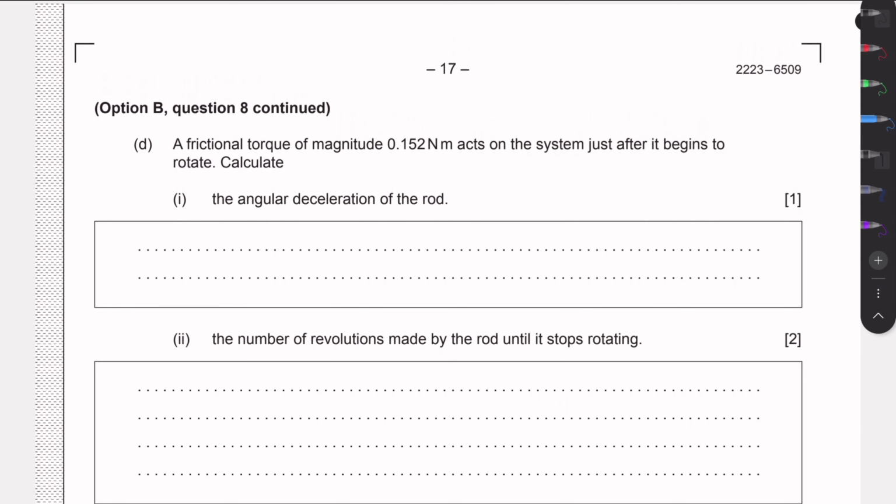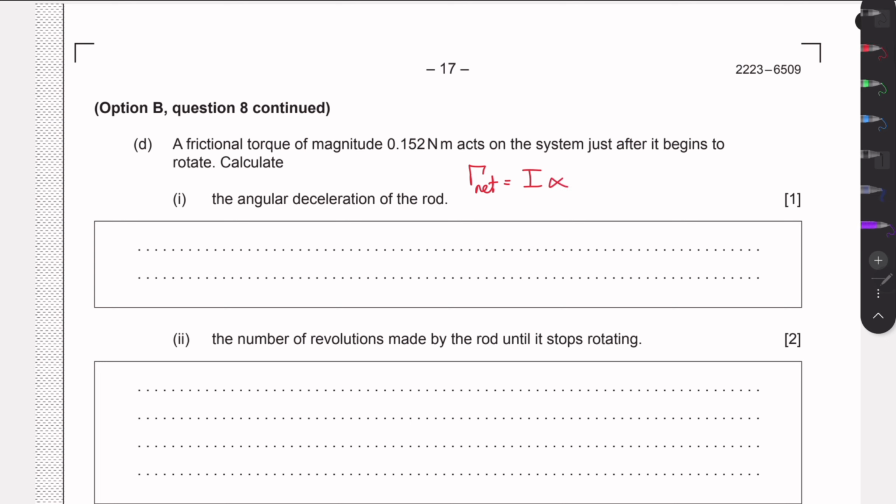And then we are told that there is a frictional torque of magnitude 0.152 newton meters that acts on the system just after it begins to rotate. We need to calculate the angular deceleration of the rod. Well, torque is kind of like net force in our mechanics syllabus. So our net torque we know is moment of inertia times the angular acceleration.